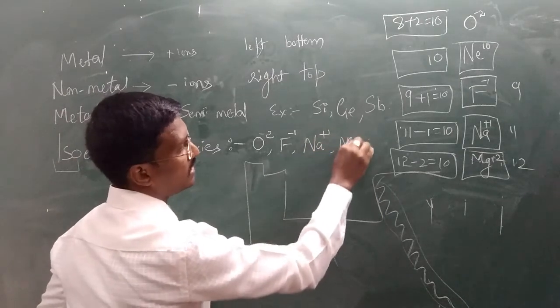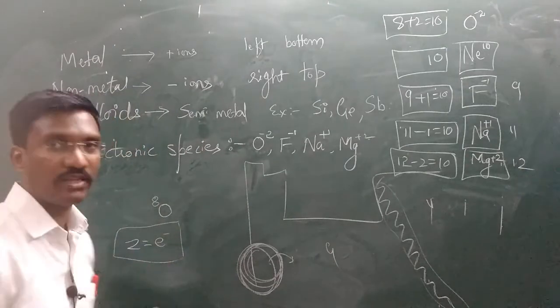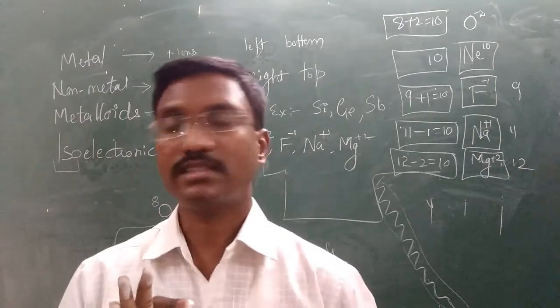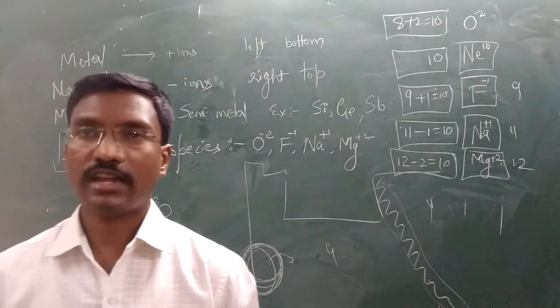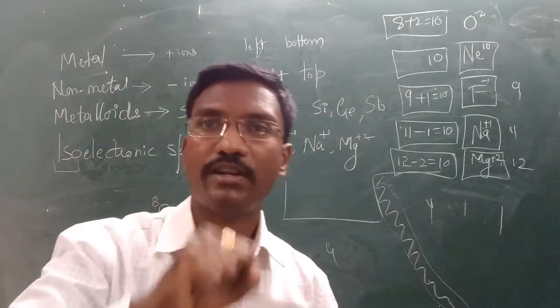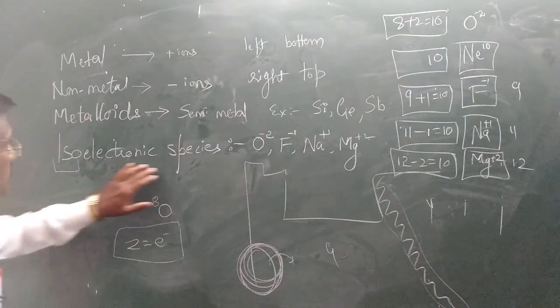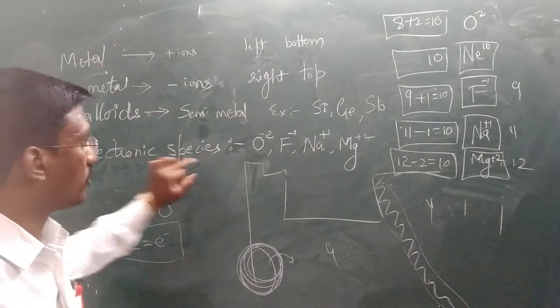Similarly, magnesium, after losing 2 electrons, has exactly 10 electrons in its electronic configuration. For that reason, these species are called isoelectronic species.